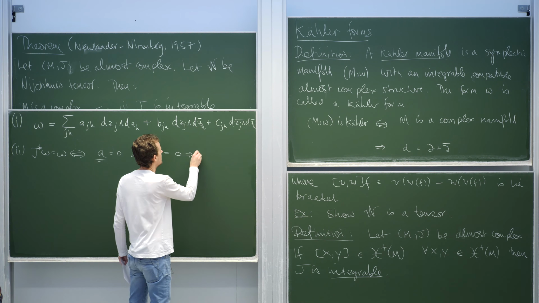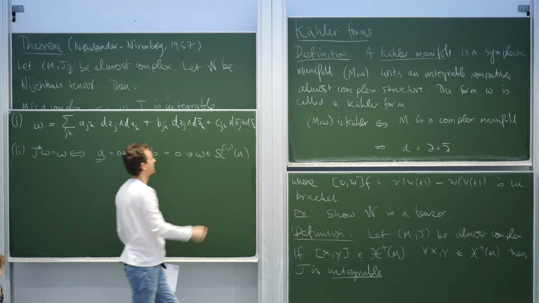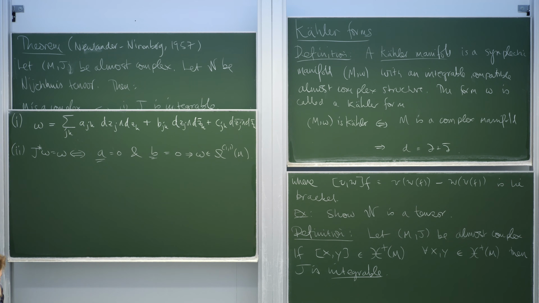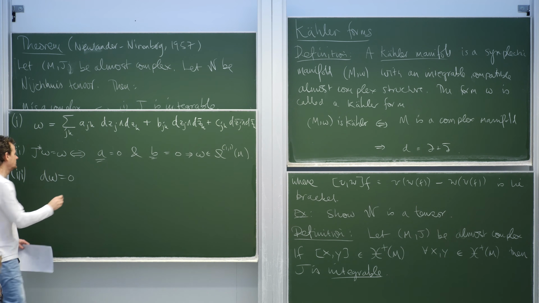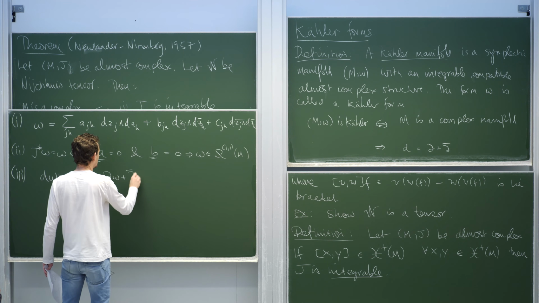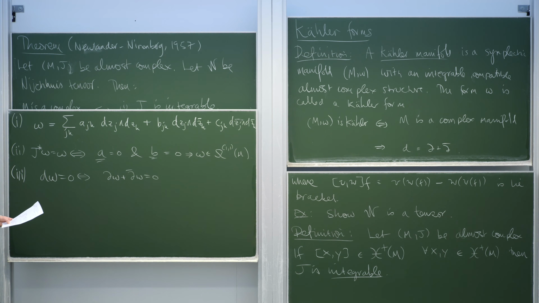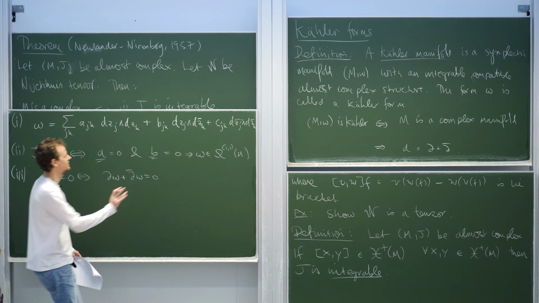Well, omega is a 1 plus 1 form. Well, it's closed, right? We know that the 2 form omega is closed. It's like saying that d plus d bar is 0. I mean that C has to be 0, yes, thank you.